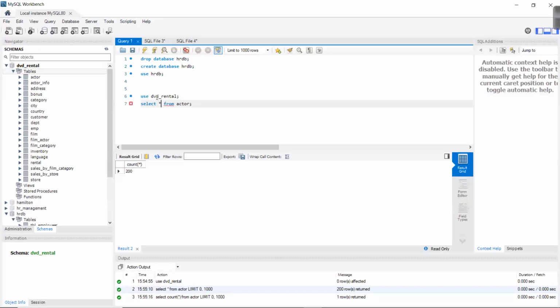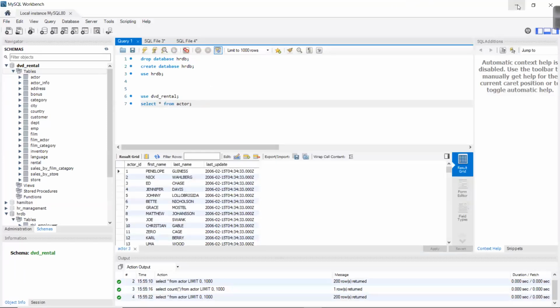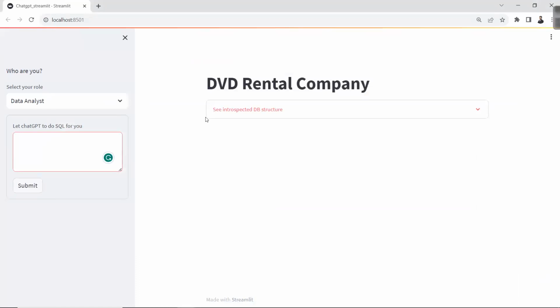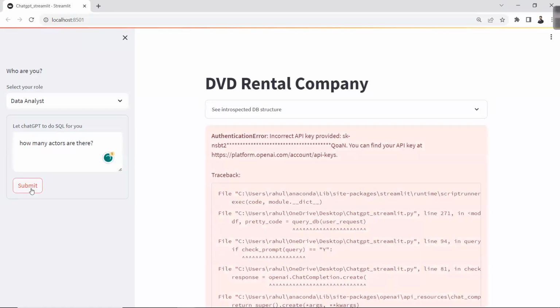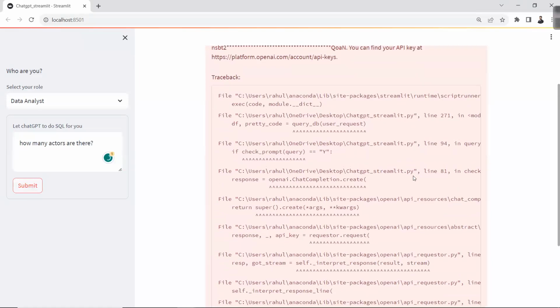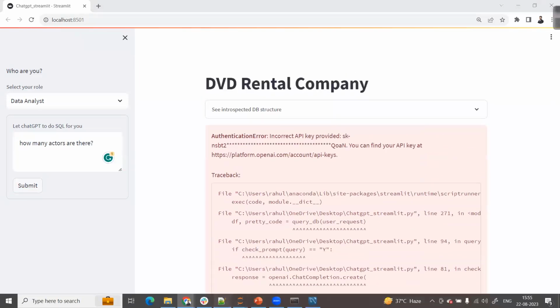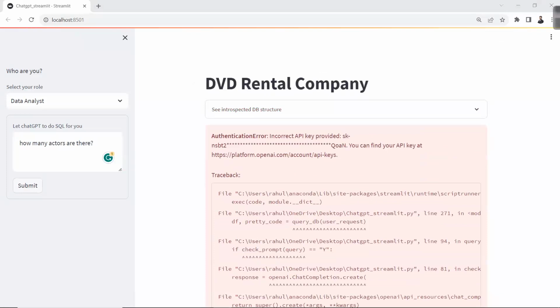So what I did is I connected the ChatGPT OpenAI API with MySQL, and now I will ask as a data analyst how many actors are there. It will hit that MySQL database. Okay, my API key got wrong. Give me a second, I'll just change that.